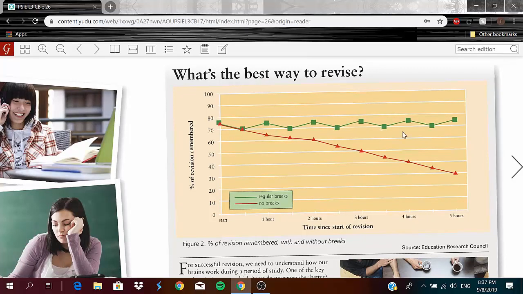The 8th green square tells us that with regular breaks after 3.5 hours, around here, we will remember about 70% of the information we have studied. However, the 6th red triangle tells us that with no breaks after 2.5 hours, we will remember 55% of the information. So I don't know about you, but that's a loss, right?